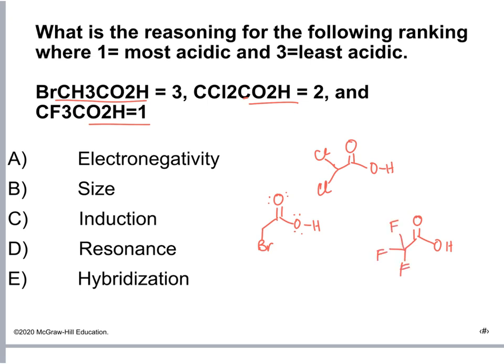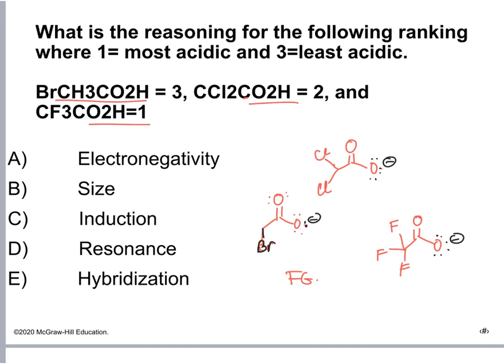Now, we're dealing with the same functional groups. They're all carboxylic acids. So if you were to draw the conjugate acids, you would see that these are the conjugate acids. We're not dealing with resonance structures because they're the same carboxylic acids, but we're dealing with what's the difference here.